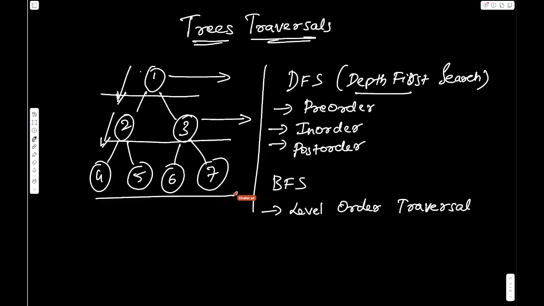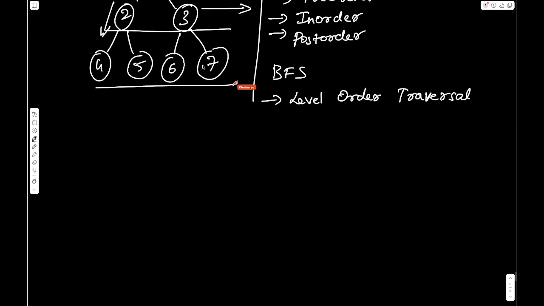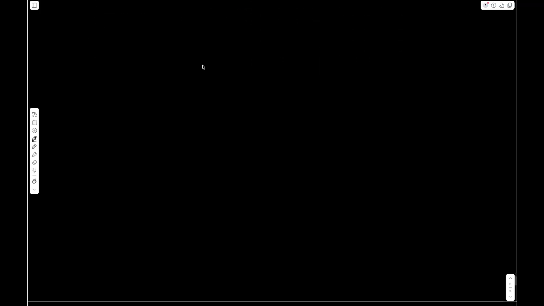Let's see how depth first search works. Okay, so we'll go one by one. First is pre-order traversal.